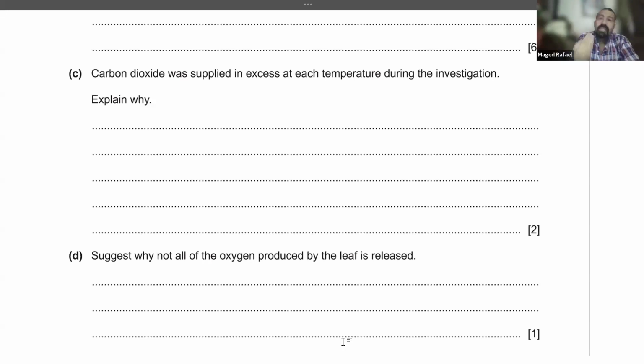فأنا لما أزود الكربون dioxide, I'm pretty sure that this will not limit the reaction or the rate of photosynthesis.